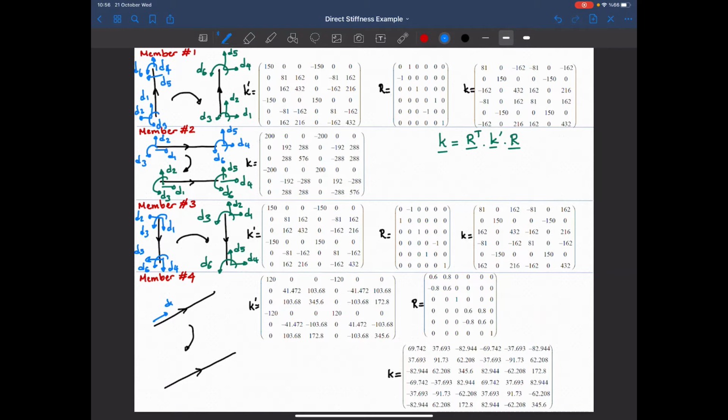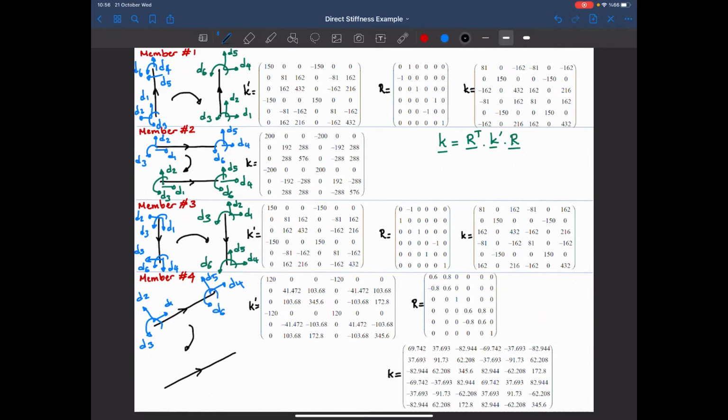That will be D1 local x, D2 local y, D3, D4 local x at the end node, D5, D6.